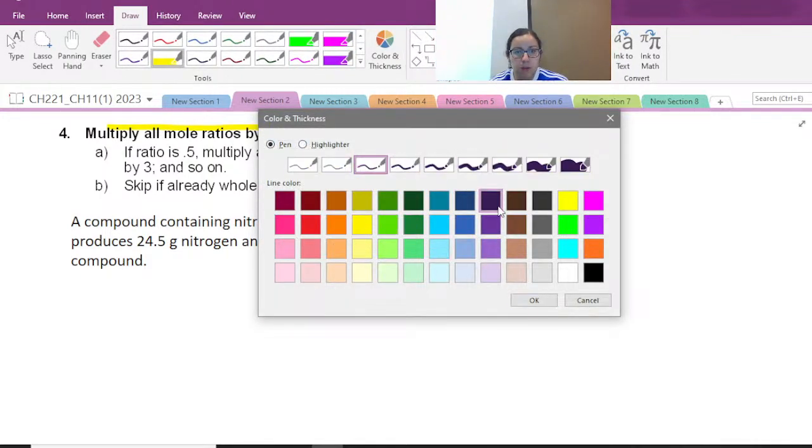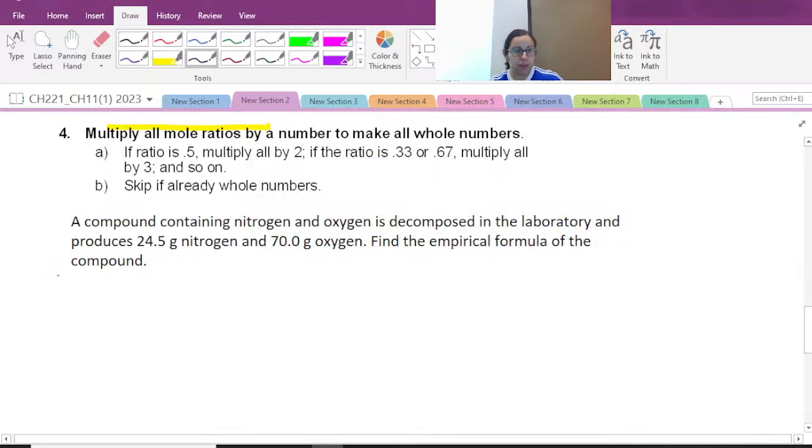Again, I feel like we should feel comfortable with this. The only thing is make sure you're dividing by the individual atom. We're not talking about diatomic nitrogen and oxygen, just their individual atoms. So nitrogen is going to be 14, and oxygen 16 or 15.99, whatever you want to use.